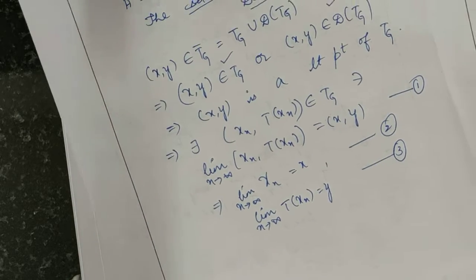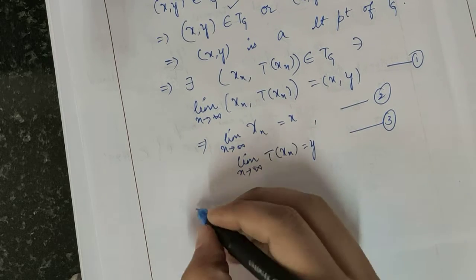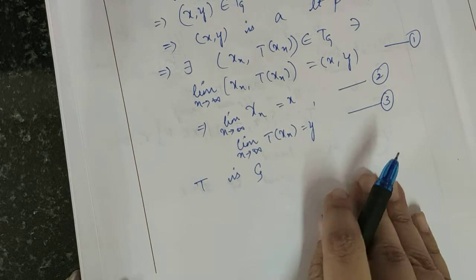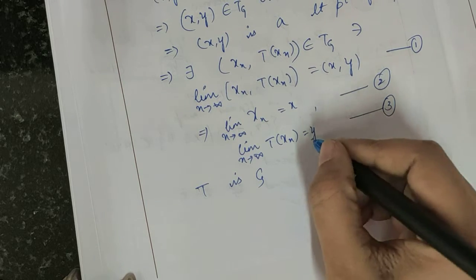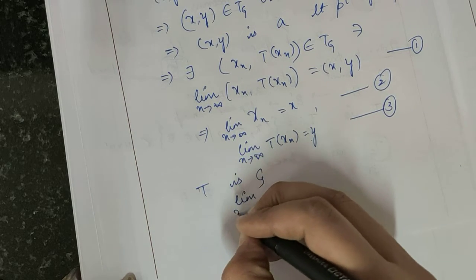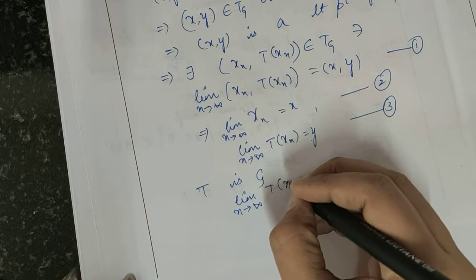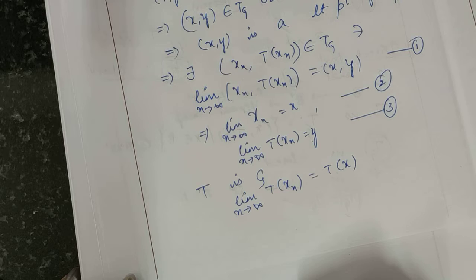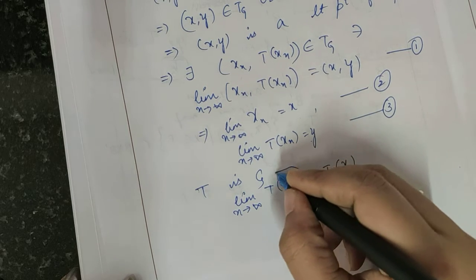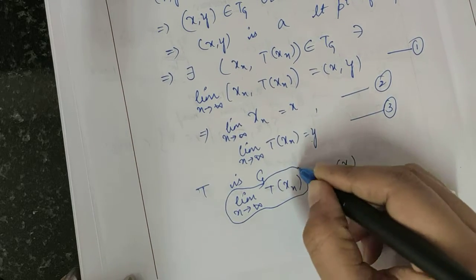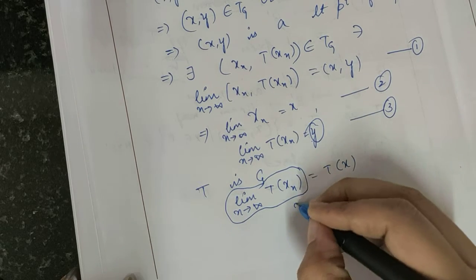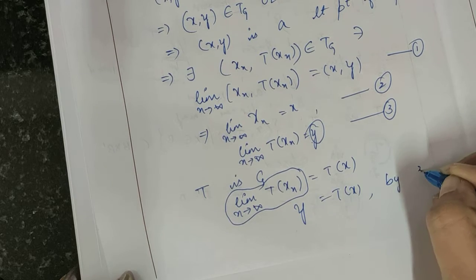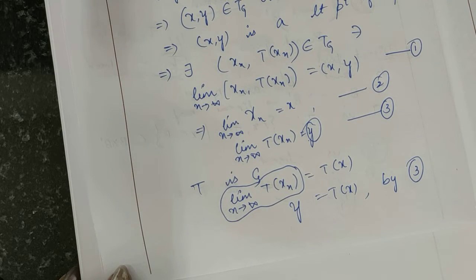In the statement they have already given that T is continuous, right? T is continuous means we can write limit n tends to infinity T of xn is equal to T of x, right? So what is limit n tends to infinity T of xn? It is nothing but y. So y is equal to T of x. This is by equality 3.